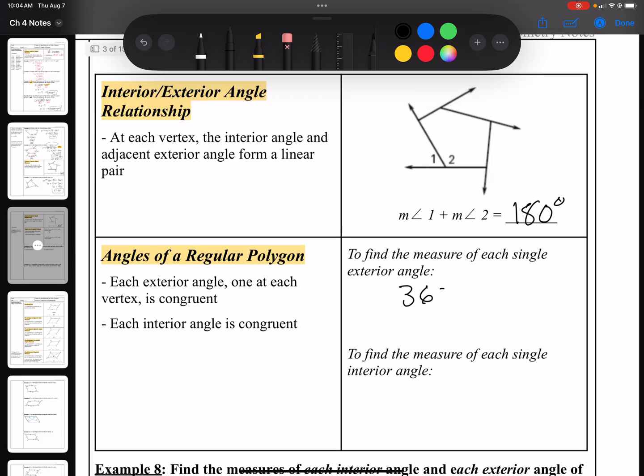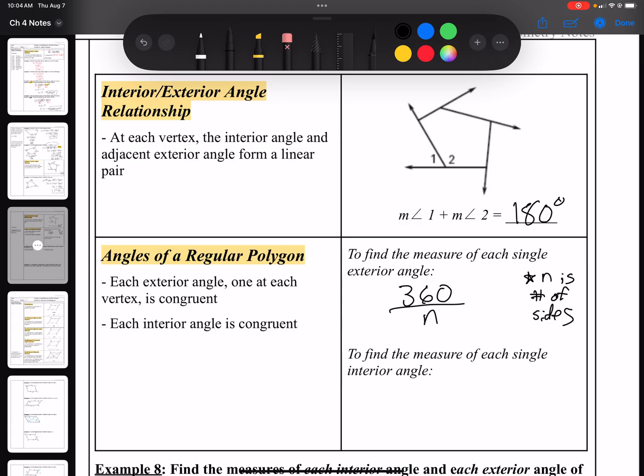It's just 360 divided by n, where once again, n is the number of sides. For example, a triangle has 3 sides, you do 360 divided by 3, and every exterior angle in a regular triangle will be 120 degrees.